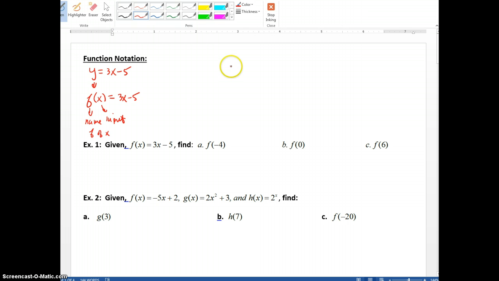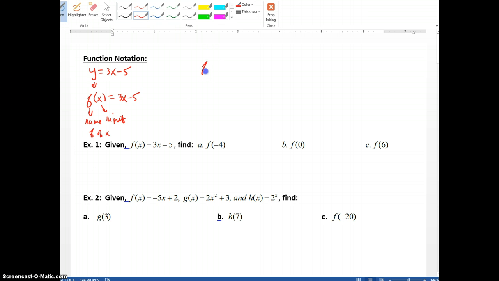And again, the reason we do this is, in life, we assign people a name to tell the difference between one person and another. Same thing with a function. We may have graphs in the future with 2 or 3 functions graphed on them. How do we tell which graph is which? We name them.